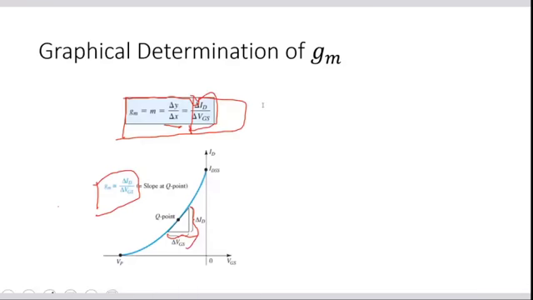That means differentiation of the drain current with respect to VGS, the change in the drain current due to the change in VGS. That is what we have to find. This is the graphical way, and the alternate approach is the mathematical way.